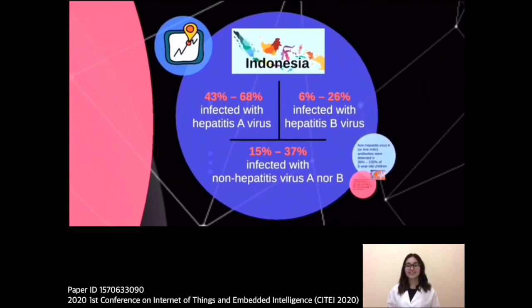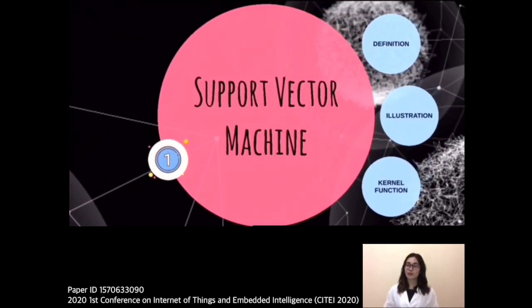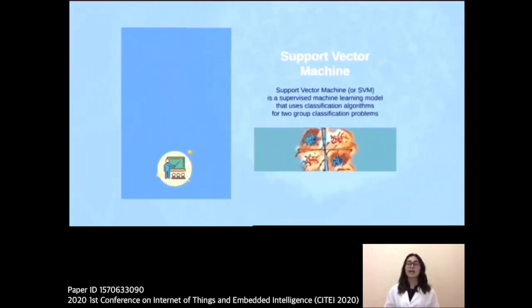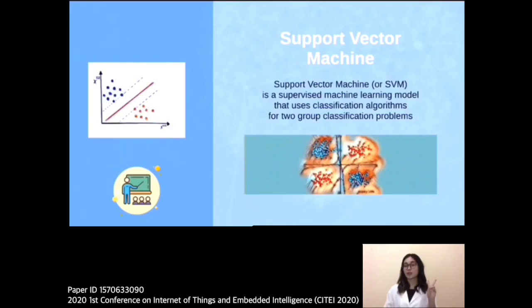Now we're going to discuss our research methods. First, support vector machine, or SVM. SVM is a supervised machine learning model that uses classification algorithms for two-group classification problems. After giving an SVM model sets of labeled training data for either of two categories, we are able to categorize new examples.